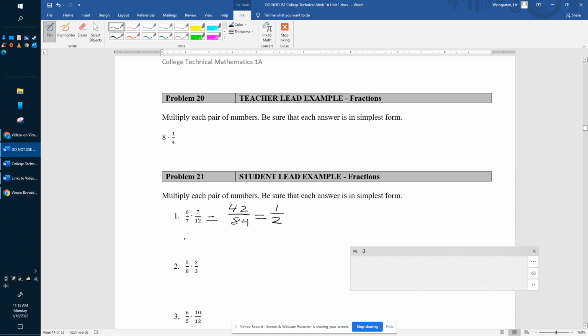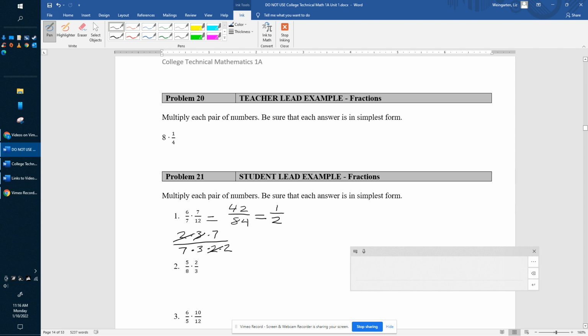Another way you could tackle this problem if you don't like dealing with larger numbers, you can factor before multiplying if you want to. So on the top, we have 2 times 3 times 7. On the bottom, we have 7 times 3 times 2 times 2. We factored 12 out before. 3 times 4 is the same as 3 times 2 times 2. And we can take out a 2.